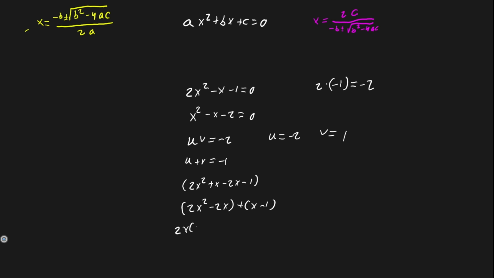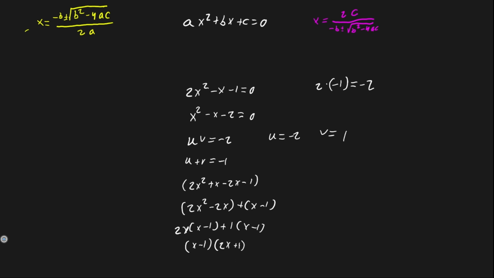We have 2x times x minus 1 plus 1 times x minus 1, giving us that our factored form is going to be x minus 1 times 2x plus 1.